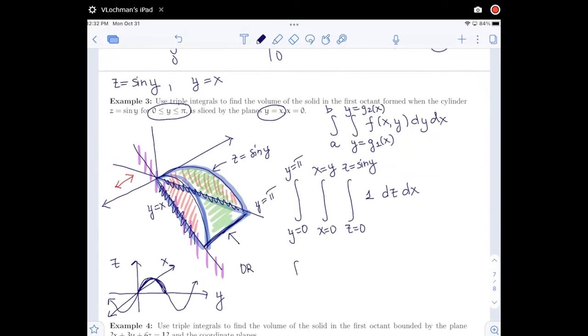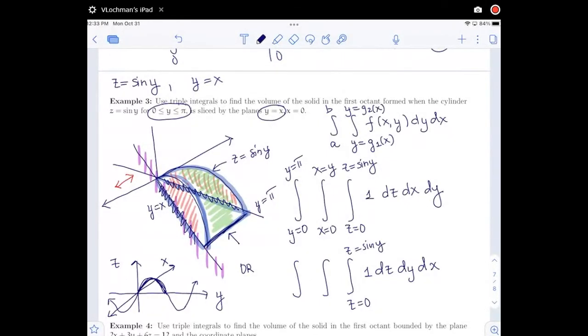Or let's go ahead and set it up slightly differently. We're still going to do dz first. Let me put dy here. But now I'm going to rewrite as dy and then dx. For z, nothing changes. We go from 0 to sine of y. What about y?